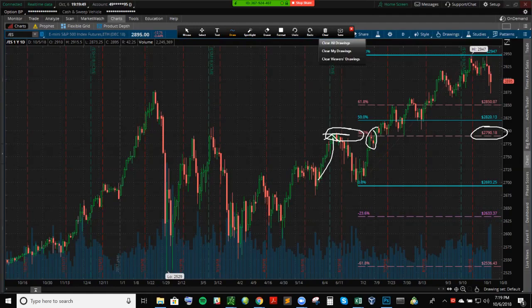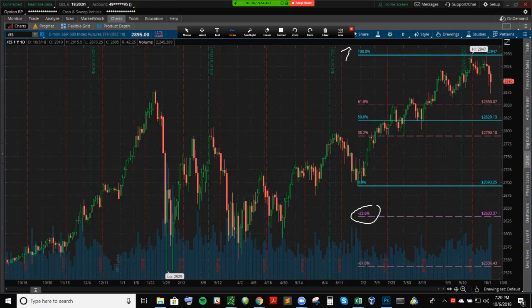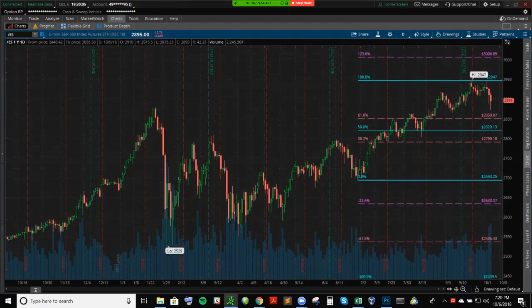So let's look at what I use these other fib extensions for. Like for instance, this negative 23.6%. It could also be the 123.6%. That's probably up here more. You can't really see it on my chart unless I scroll down. So that would be an upper target in the future.